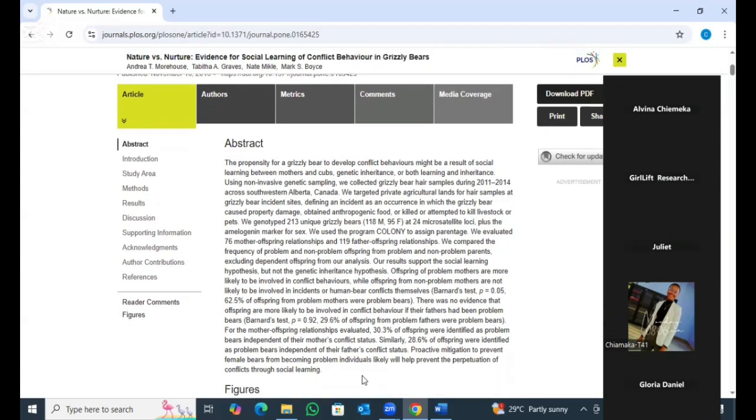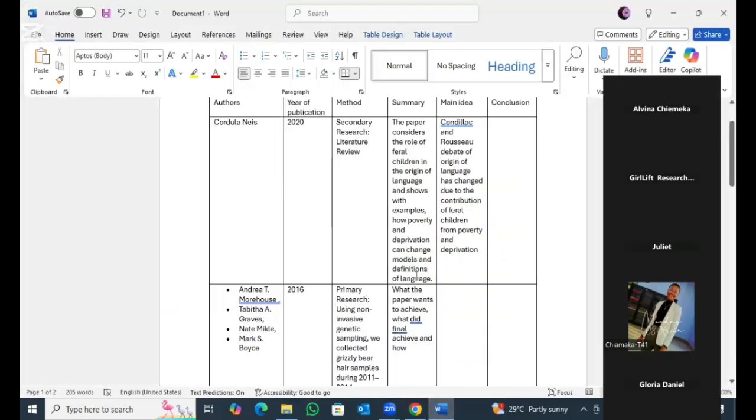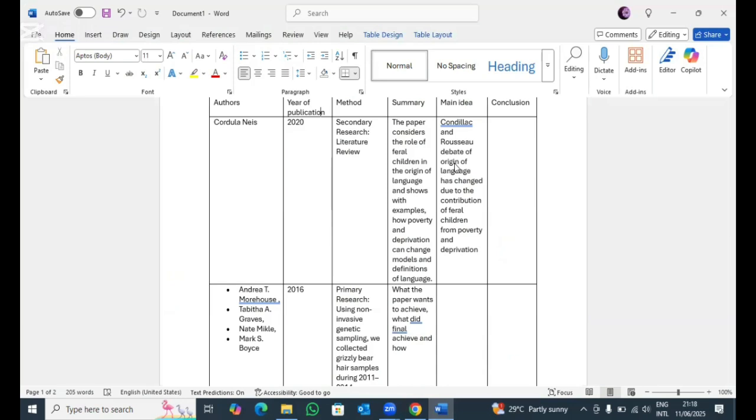Then similarly, 28.6% of offspring were identified as problem bears independent of their father's conflict status. All of these explain their findings. So again, your table should just capture the main things you want to see.